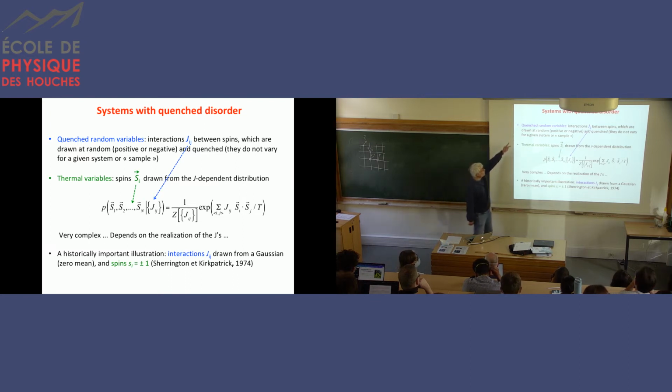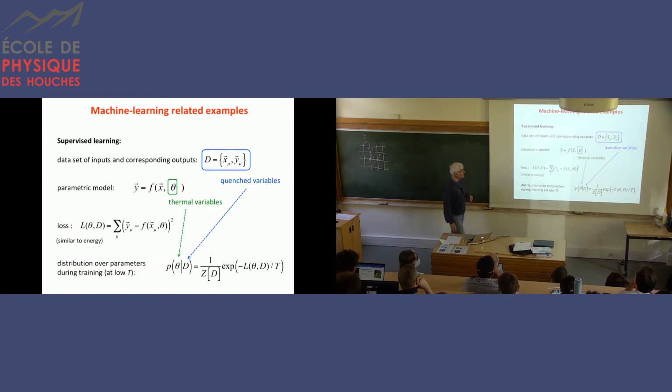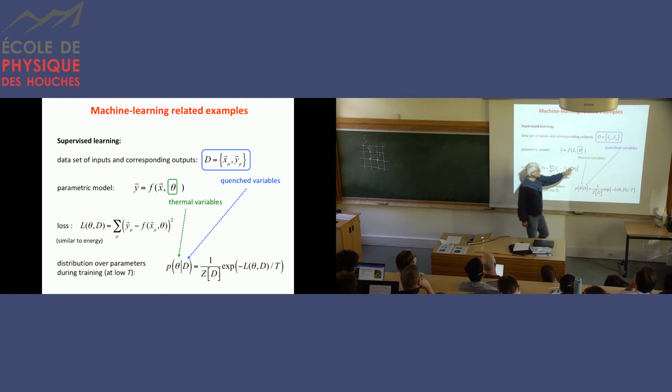Okay, so this dual aspect of random variables is all over the place, and let me give you two examples which are more related to what you are interested in. In supervised learning, and this was already explained by Mark earlier this morning, suppose you would like to associate some inputs x^mu to some outputs y^mu, where mu is the index of your data point.